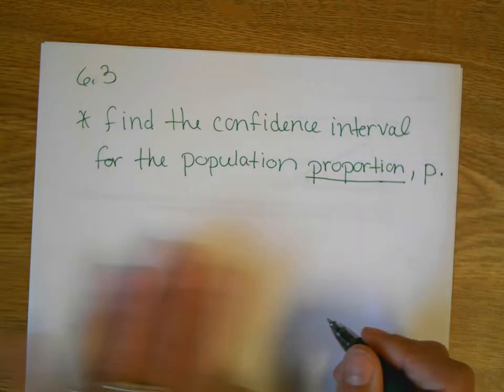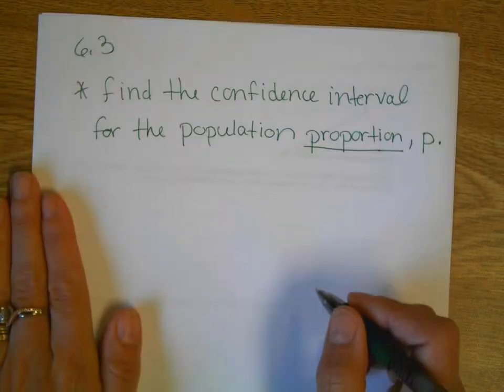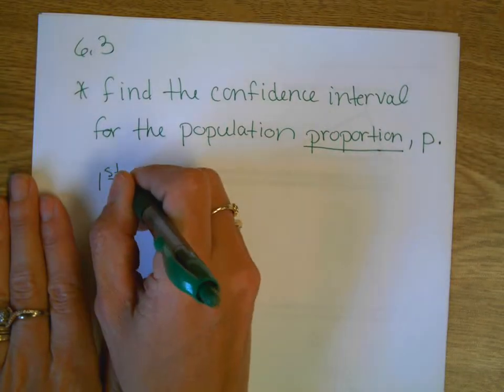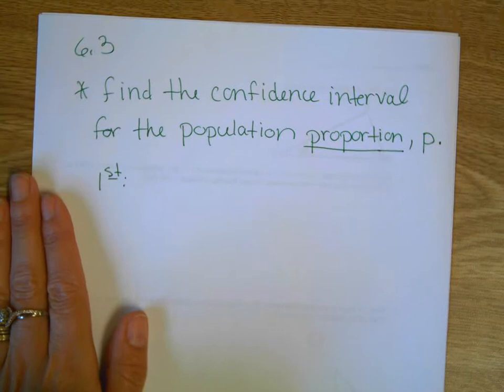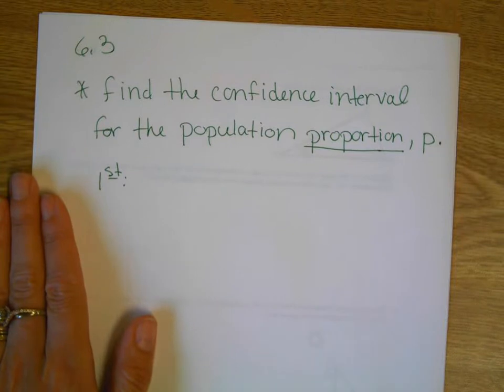Okay, so I'm going to give you the steps right now. This one's a 4-step process. First, you have to check to see if your sample size is large enough to be normally distributed. We usually say you need 30, but that's just for finding means. For proportions, it's different.